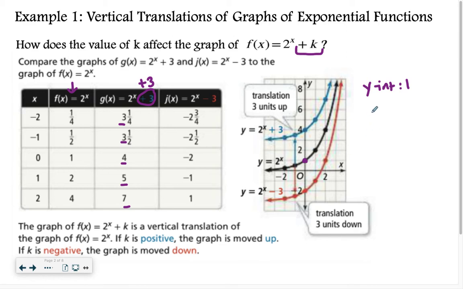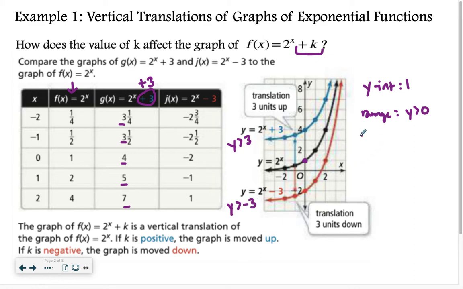My range for the black one, the f of x, is y is greater than 0. For the green now, it would be y is greater than 3. And for the red, it would be y is greater than -3.